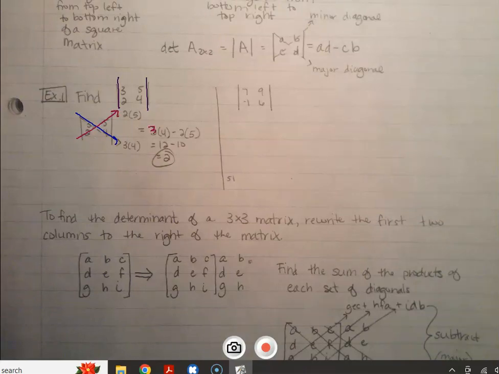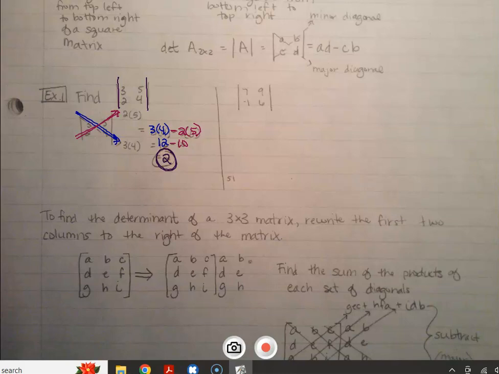Let me go back and change my colors so it's less confusing. Because we have 3 times 4 from our major diagonal, I wrote 3 times 4 so you could see it, which is 12. And then minus 2 times 5, which is 10, so minus 10. 12 minus 10 is 2. That's my determinant. That's it.